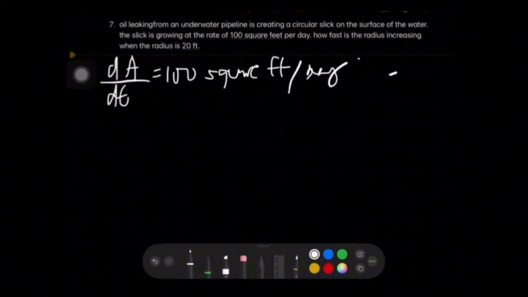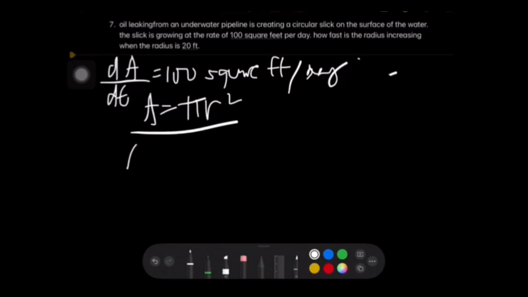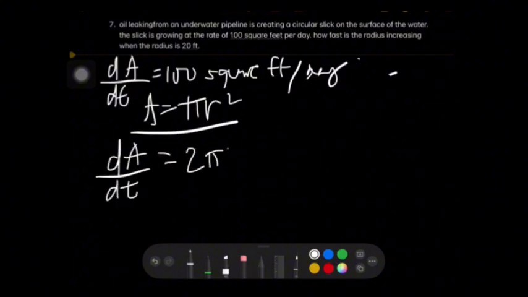The formula for the area of a circle is A equals pi r squared, and we are going to derive this with respect to time. So dA over dt is equal to 2 pi r dr over dt.